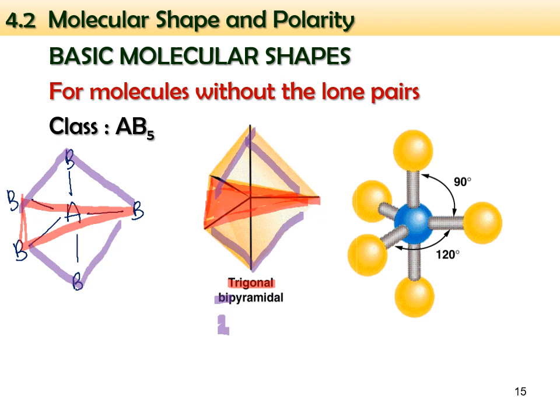Okay, for this case, kita ada dua angle. As you can see here, 90 degree is between sini, your bonding pair yang straight ke atas dengan yang planar. Okay, with all the planar. Semuanya adalah angle 90 degree. Okay, so dengan ini pun 90 degree. Okay, so imagine this as 3D. Okay, so another angle you can see here is between this bond yang planar.